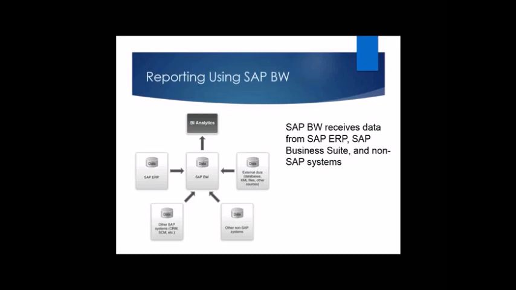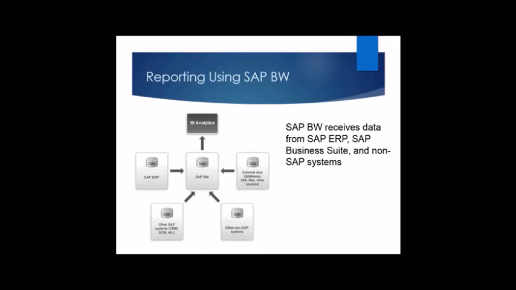Now, the reporting capabilities like list and information systems are limited to the data that is available within SAP ERP systems. However, in today's business environment, even more powerful reporting capabilities that combine external information are desired. Business intelligence is a general term that refers to the overall capabilities a company uses to collect and analyze data from a variety of sources so that they can understand their operations better and can make better managerial decisions.